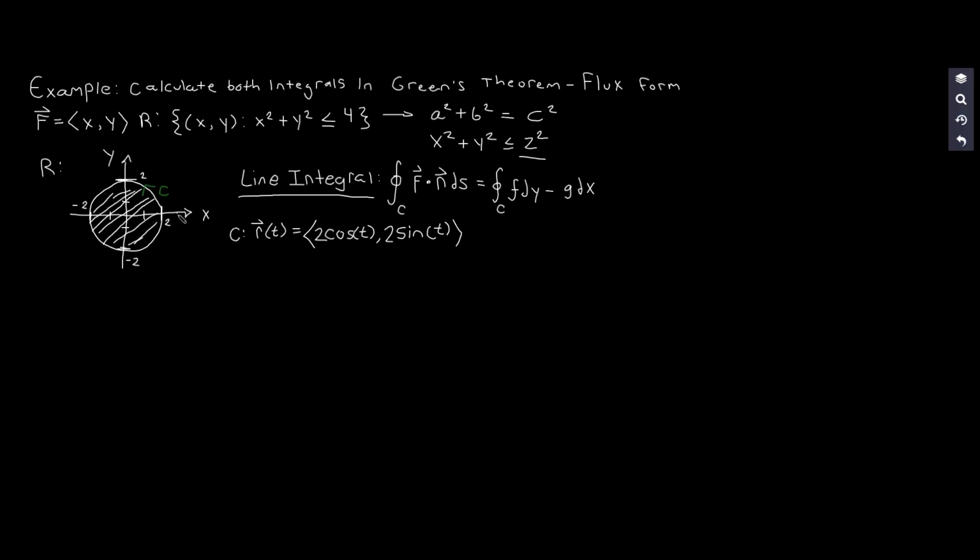And because a full revolution around this circle is 2 pi, that means that t is going to be between 0 and 2 pi.